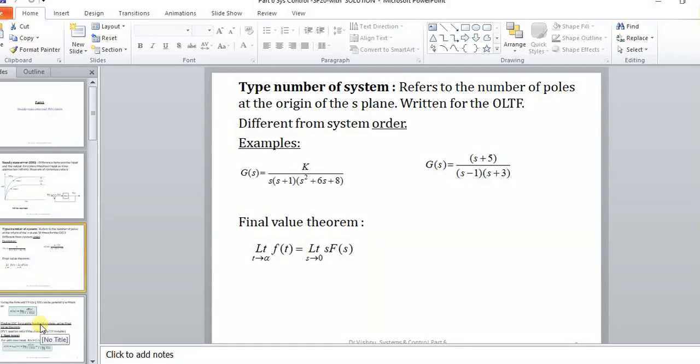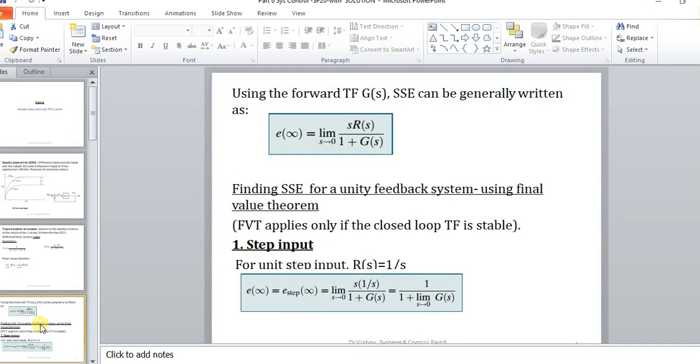Now, why is this final value theorem important? It is important because it can be applied only if the closed loop transfer function is stable. The key word here is closed loop. So take the closed loop function for the system, and only if it is stable can you apply the final value theorem, because it is logical. If your system is not stable, it will keep on oscillating.